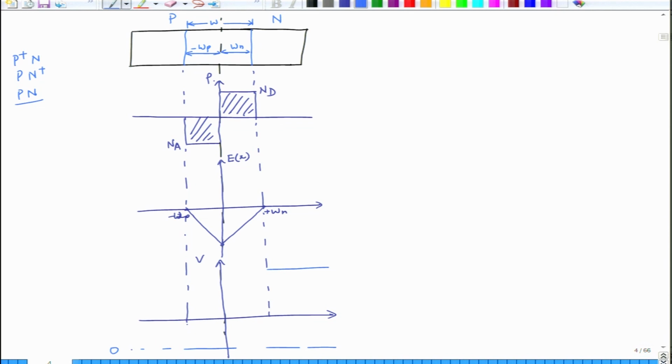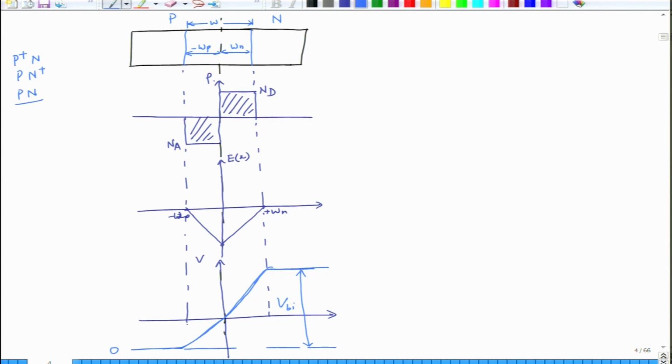It has a 0 value here, it goes through a change like this, and this value being V_BI. Now it depends upon the reference.